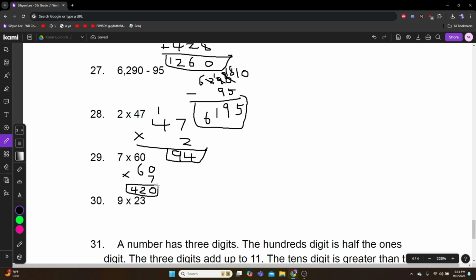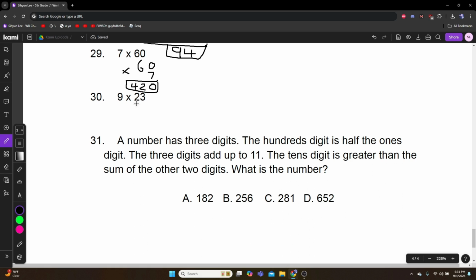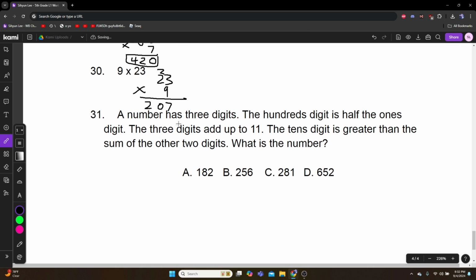And then we get 420. 9 times 23 is 23, 9. We multiply the 3 and the 9, so we get 27. Put the 7, carry the 2 over, and then 2 times 9 is 18, and then we add the 2. So we get 207 here.